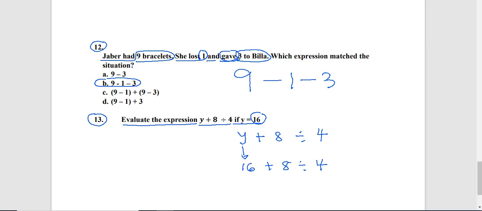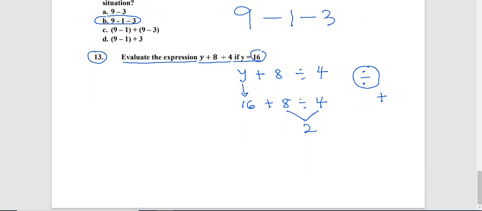Don't forget, in this kind of expression, where you see division, you have to operate that first before coming to addition. So that means doing the division part first, 8 divided by 4 is 2. So that leaves us with 16 plus 2, which is 18. That leaves us with an answer of 18.